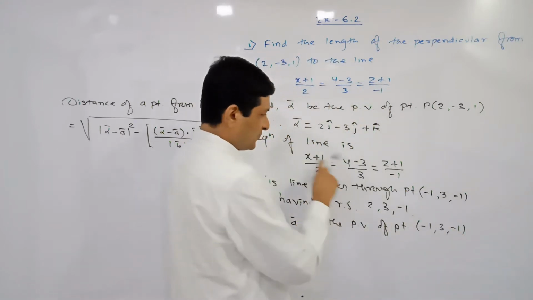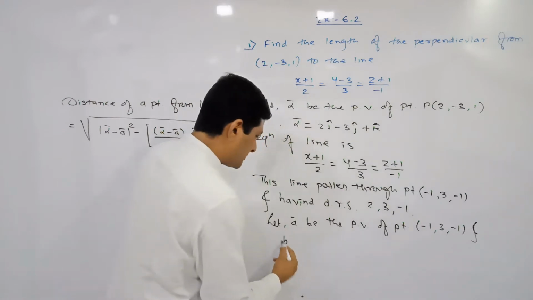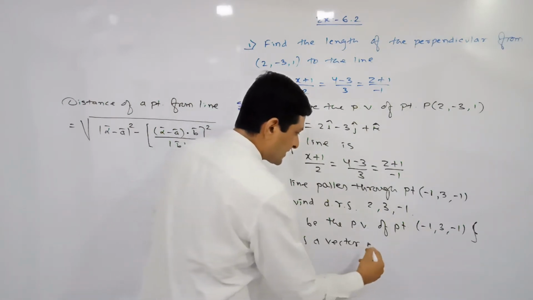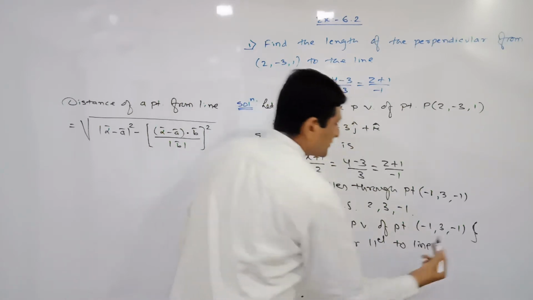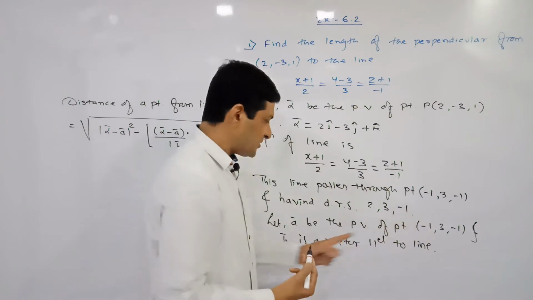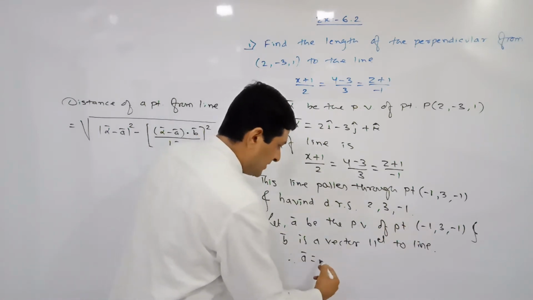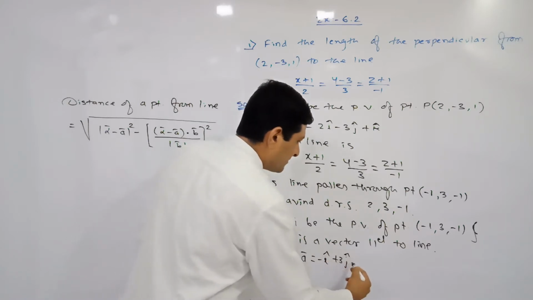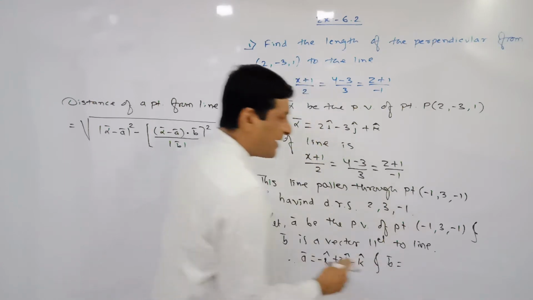So coordinates are known to us, and b bar is a vector parallel to the line. So from this coordinate let us find the value of a bar. Therefore a bar will be equal to -i cap plus 3j cap minus k cap, and b bar is equal to, b bar is what?